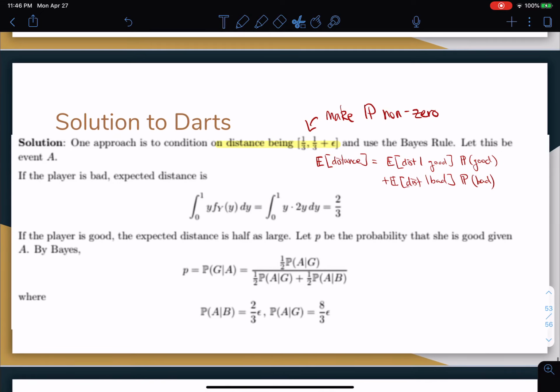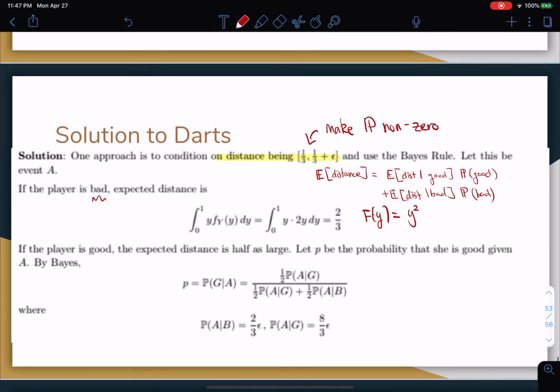If a player is bad, the expected distance goes from 0 to 1 since the player is bad, of y times f of y dy. And how do we get that? We get it by finding the CDF first. The CDF, remember, is going to be y squared, because this is a circle.